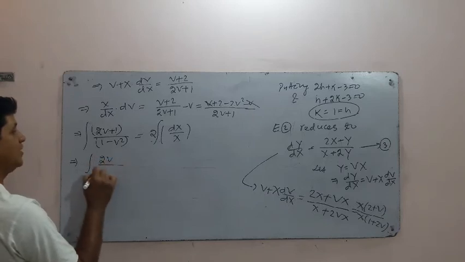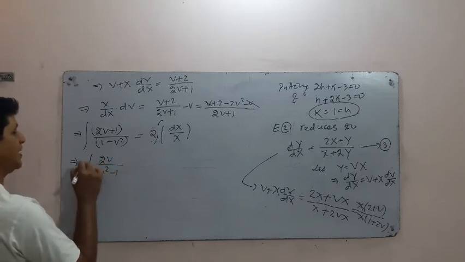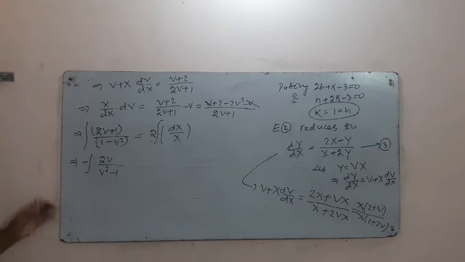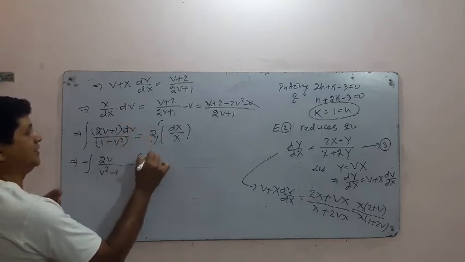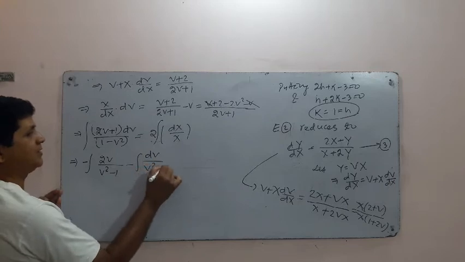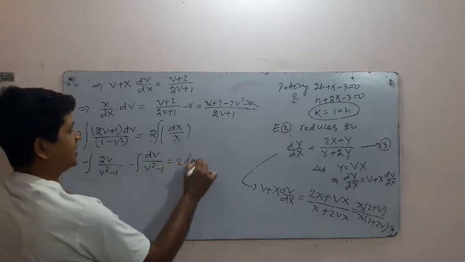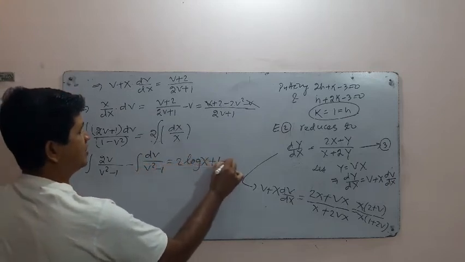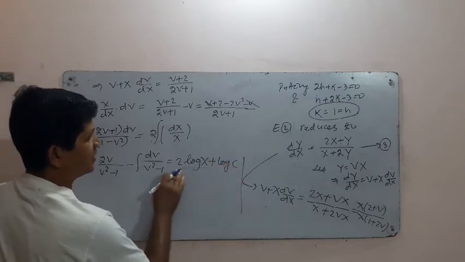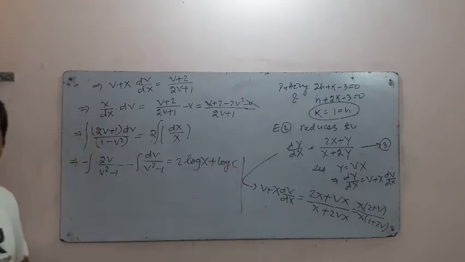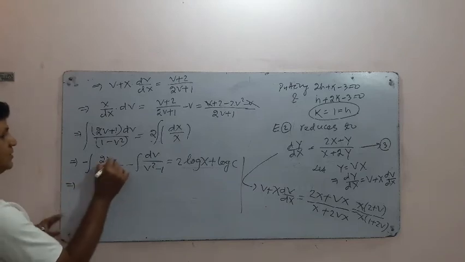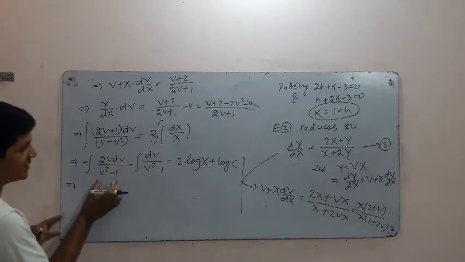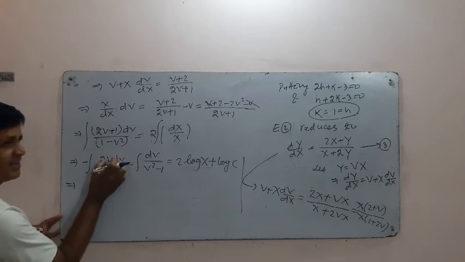Take minus common: minus of (2v plus 1) dv by (v square minus 1) is equal to 2 log X plus log of c. As it is in logarithm form, the constant should be in logarithm form. And here, if you take z as the denominator, it will be dz.